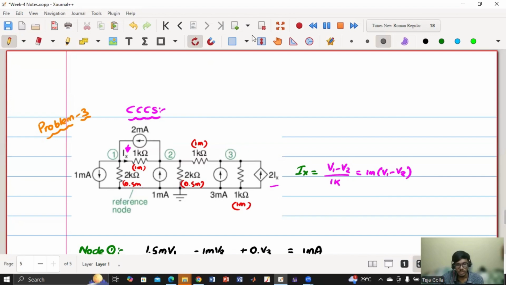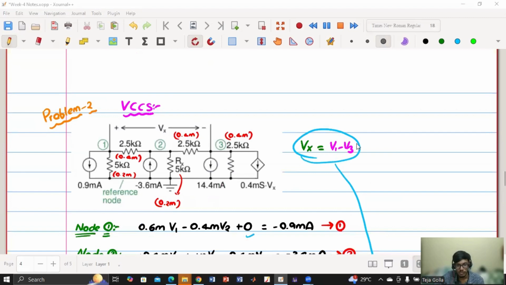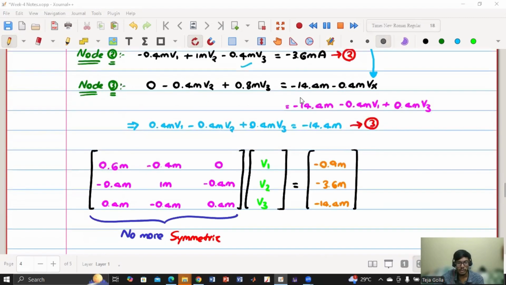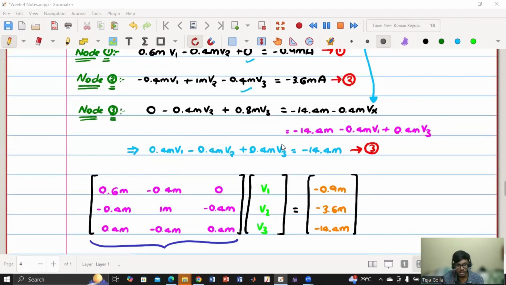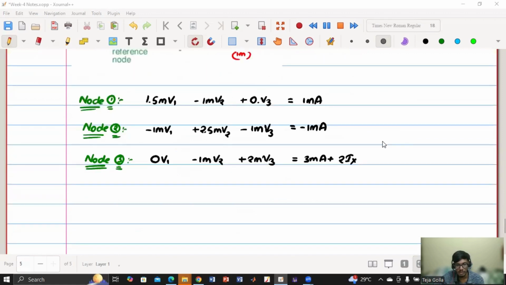Basically, I want Ix in terms of V1, V2 and V3 because I'll manipulate the expression and then make my new matrix. Here it happens to be 1 milli into V1 minus V2.